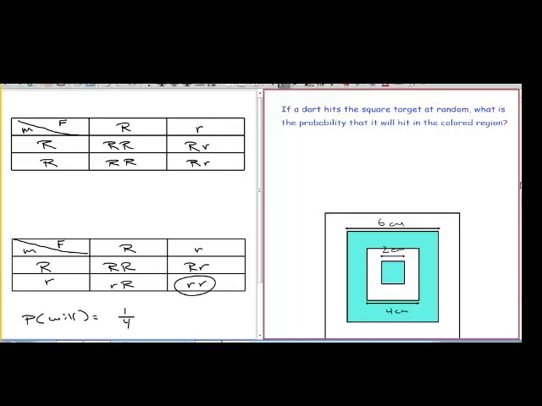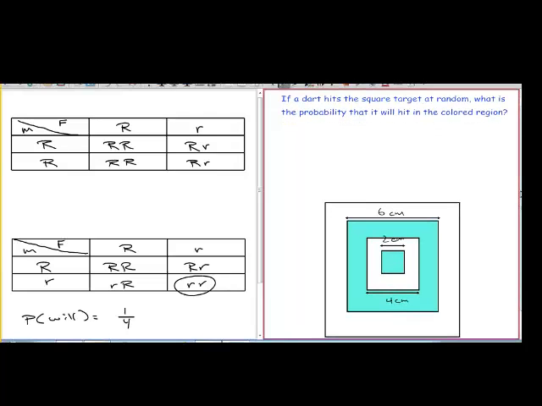Okay, the last problem in this section is not a counting problem. It's kind of a geometry problem, and it says, what is the probability that if a dart hits the square target, meaning this big square target, it will hit in the colored region?